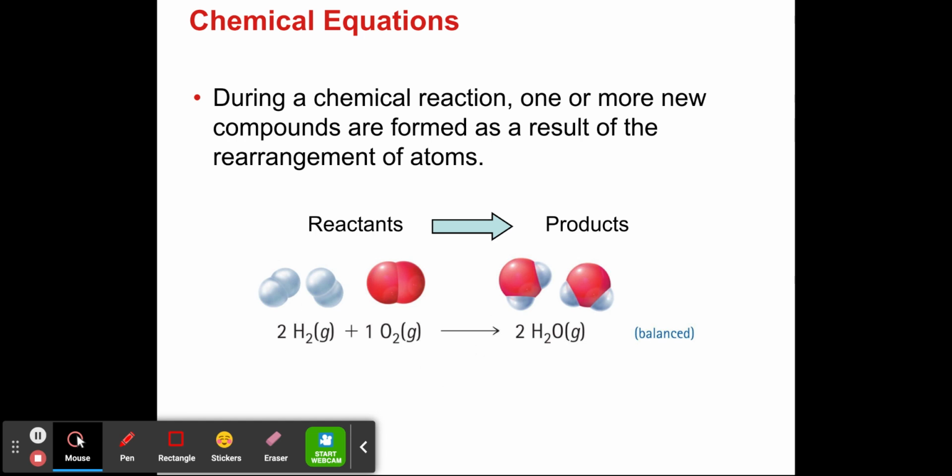So what happened is that the atoms of hydrogen and oxygen rearrange to form a product which is called water. You see hydrogen and oxygen are individual atoms here at the beginning. But now in water, the hydrogen and oxygen are actually combined. That's what a chemical reaction is all about.